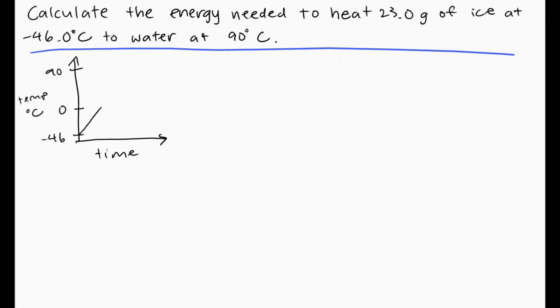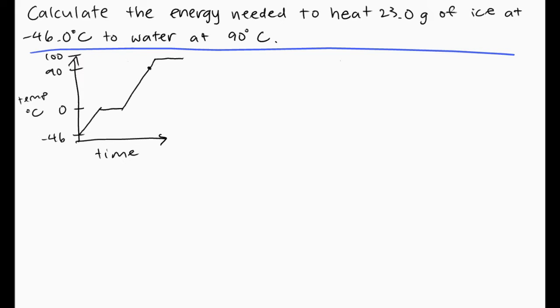Here it will plateau because it's undergoing the phase change and melting, and at this part the temperature does not actually increase. After it finishes melting, it will continue to rise in temperature until we reach 90, which is what we want. If we were to continue until 100, it would start plateauing here again because this is the boiling point. But we don't need to worry about that in this problem.